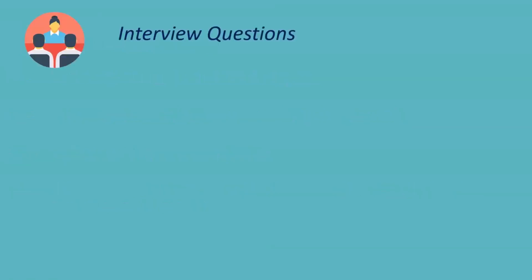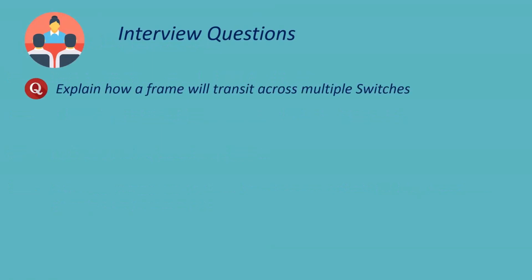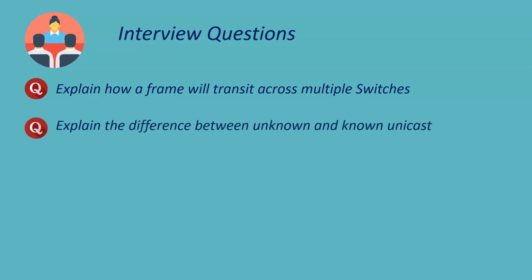Interview questions. You should be able to explain how, or walk through the steps, when a frame is transmitted by an end device, a PC host, and what steps take place when it encounters multiple switches on its path. You should be able to explain what exactly is the concept of known and unknown unicast.